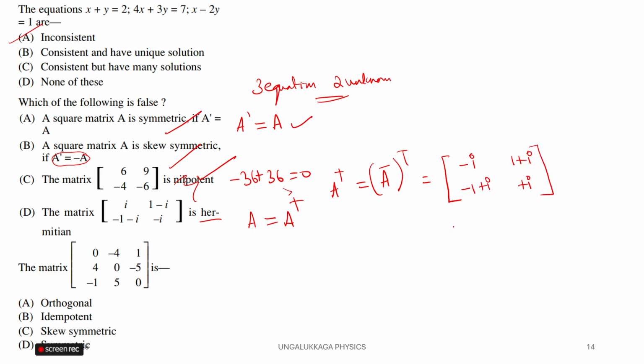Then if I interchange rows and columns, minus i, minus 1 plus i, and 1 plus i and plus i. So A dagger is not equal to A. So this is not a Hermitian matrix. So option D is correct.